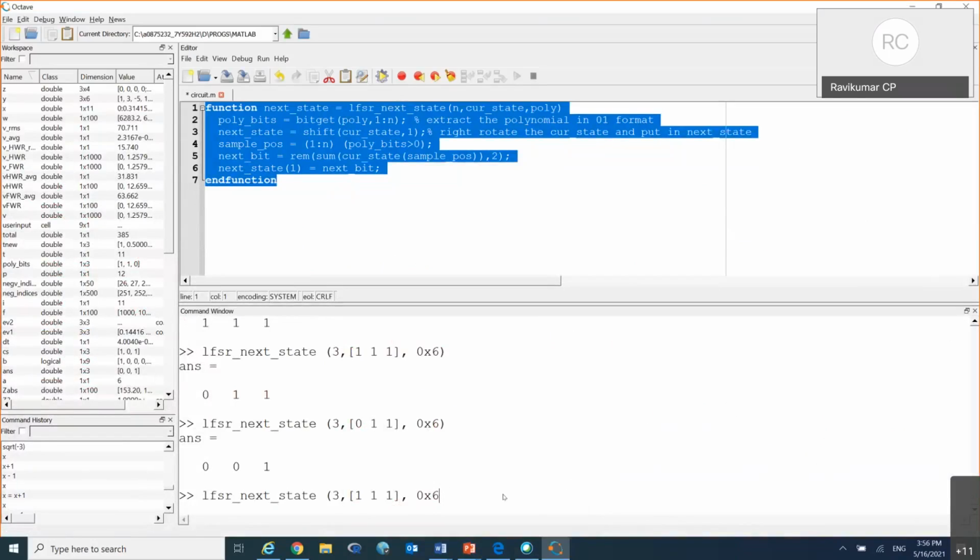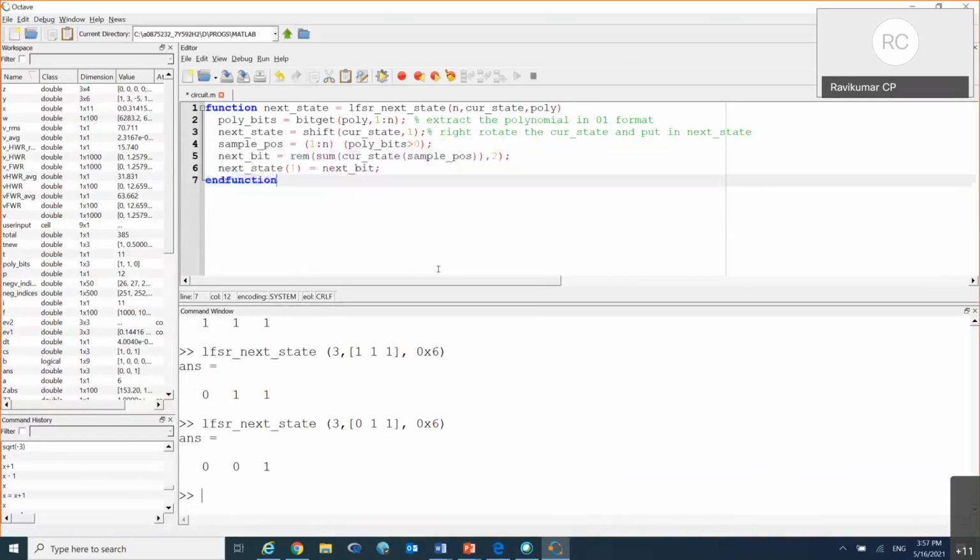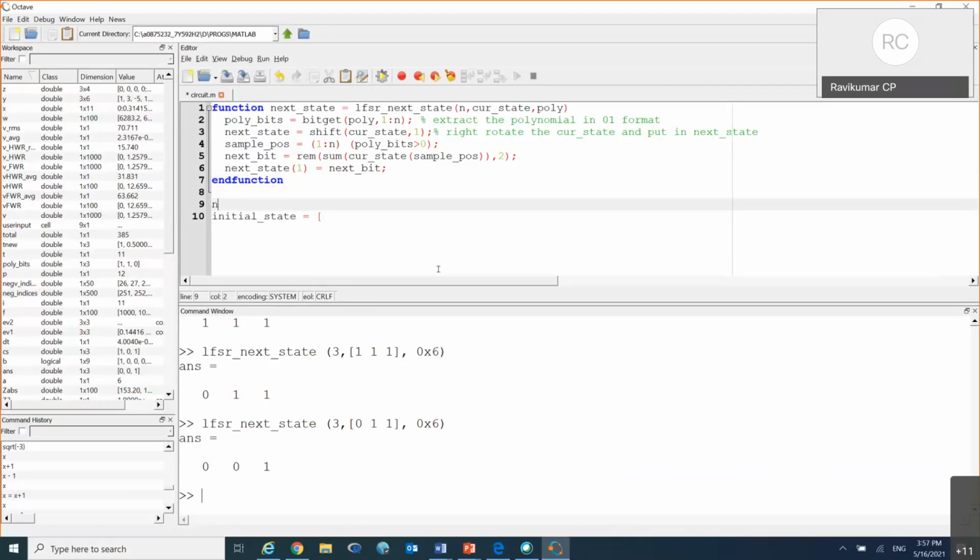So if I go back, okay, let me do one thing. So I will say initial state. I'll add a small program here. Initial state equals. So first let me input n. So how do I start with the 0, 1 state?